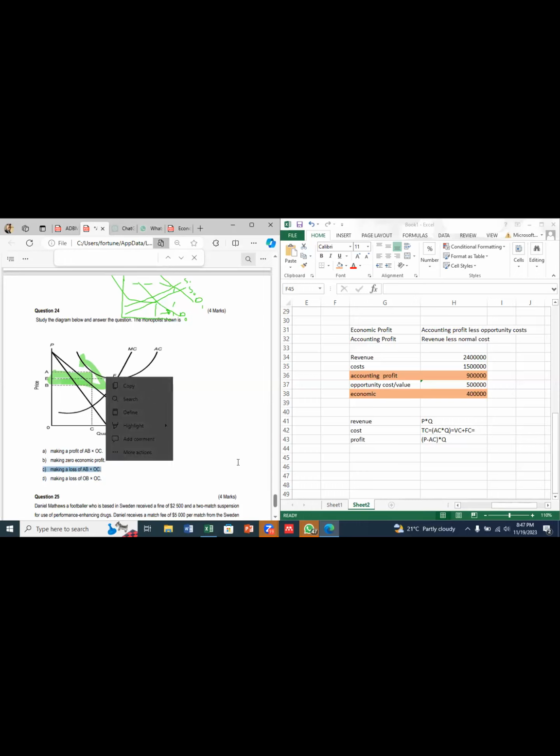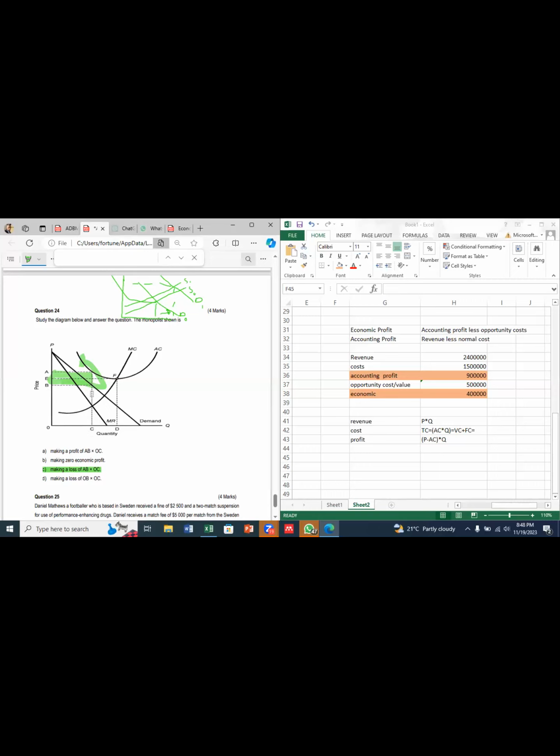Sorry, just for clarity. I can see AC, right? AC is the cost? No, I'm saying the average cost. Yeah, the average cost is the cost for that monopoly. Then the price, how do I determine it?